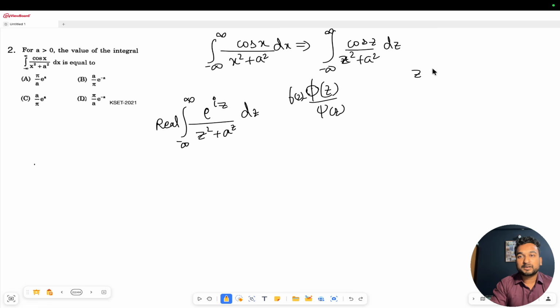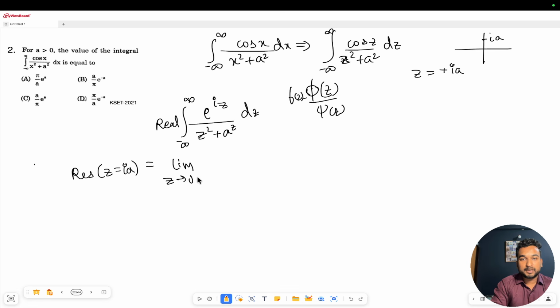We have already calculated the poles for this, so it will be plus ia. Minus ia will not be considered, so you will multiply by 2 pi i. The residue at z equals ia will be equal to what? Limit z tends to ia, and for this type of function you can write it as e to the power iz upon the differentiation of the denominator. What will we get?